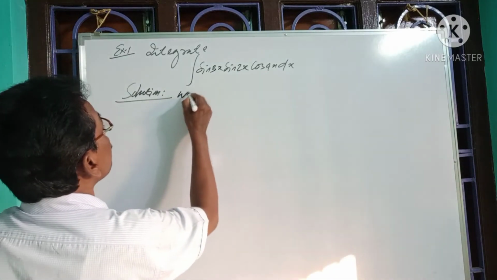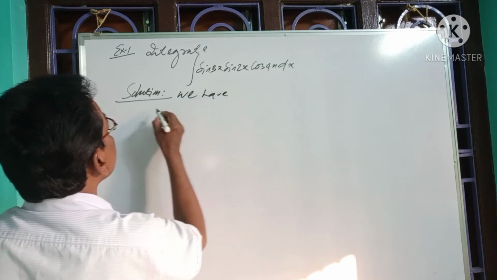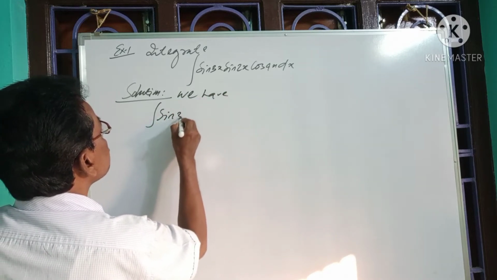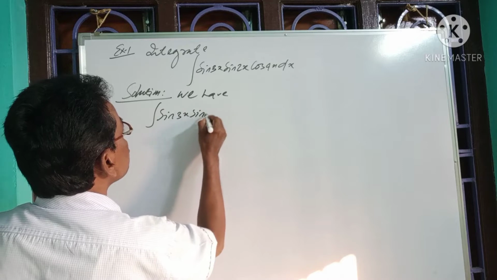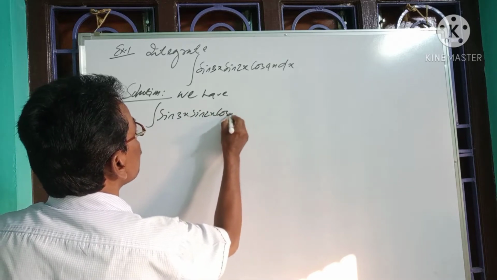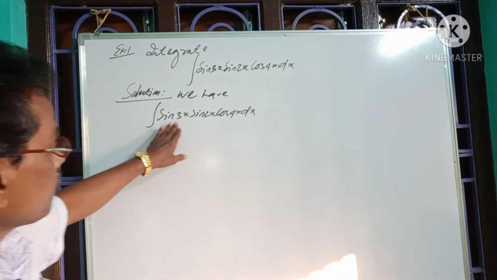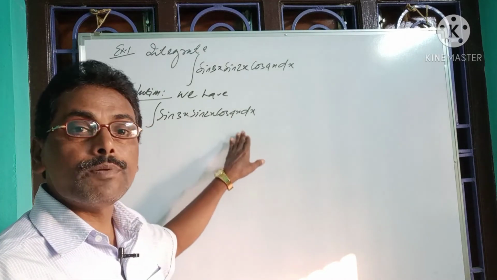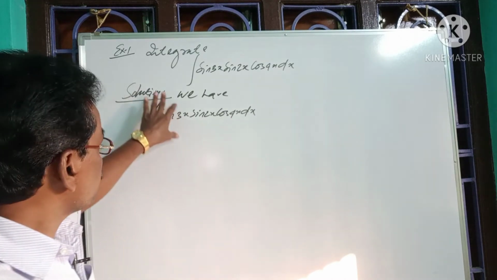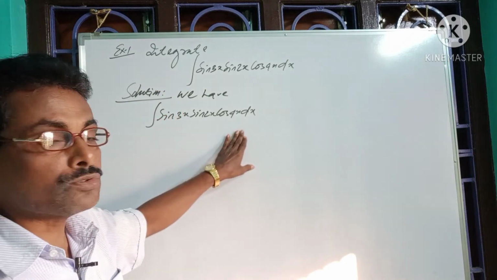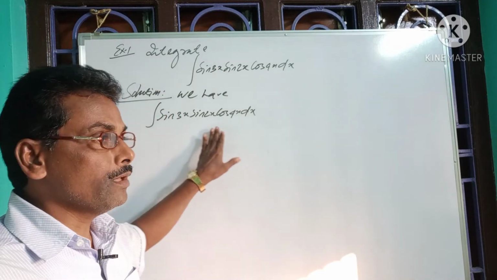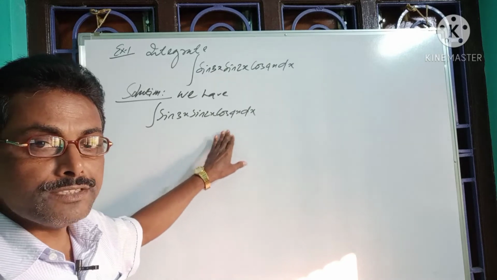So we have the solution like this, that is the integration of sin 3x into sin 2x into cos 4x with respect to x. Here see the integrand, which is the product of multiple angles of 3 trigonometric functions. So this integrand is not integrable. In order to integrate it, we have to transform it into a sum or difference of sine or cosine functions.